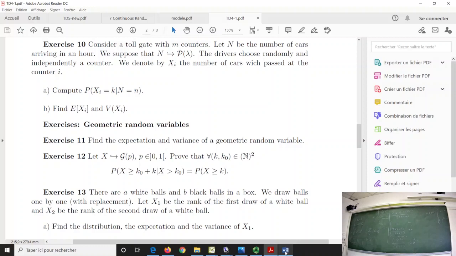For a continuous random variable, the probability that my random variable takes a particular value is 0 every time. So it's something that is drastically different. So we are going to use other tools in order to define such cases. Okay? Questions? See you.